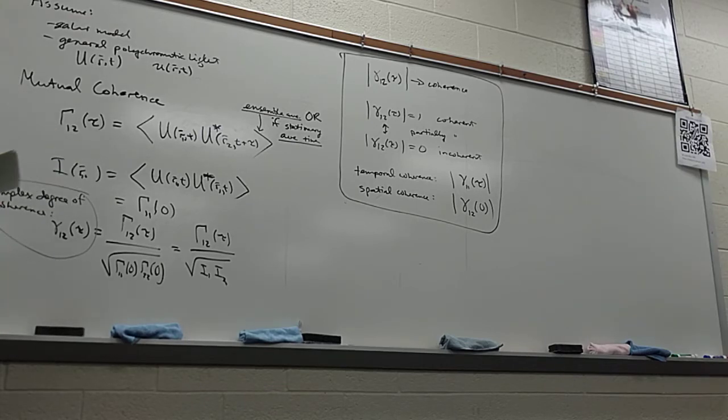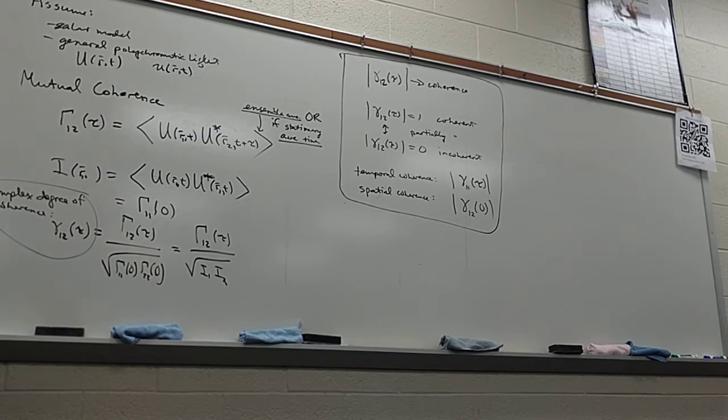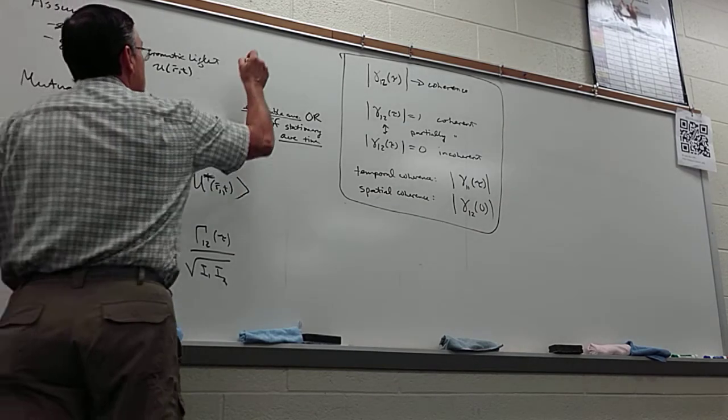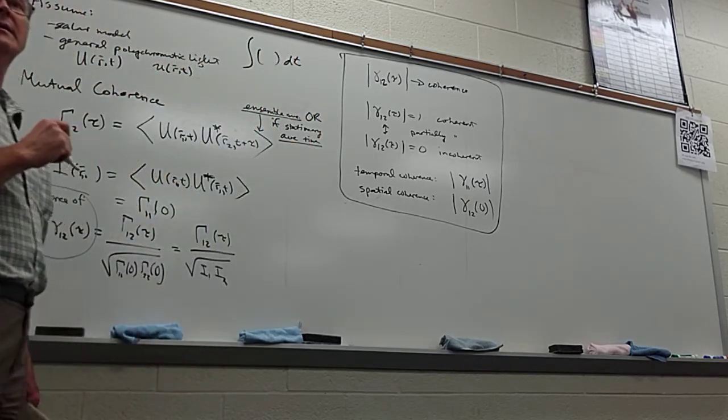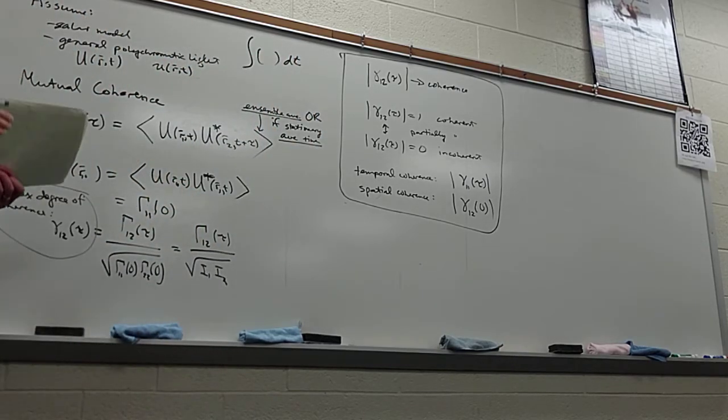I'm not understanding this angle bracket notation. What type of function does that mean, because I'm used to that being an inner product. Right. So erase that from your memory as far as this class is concerned. It's a time average. So it's an integral of something over time.